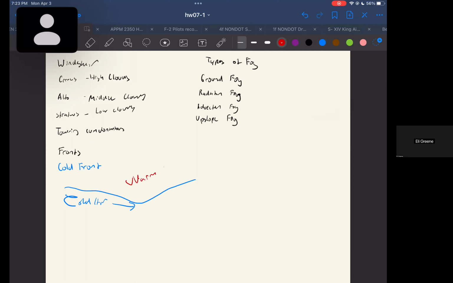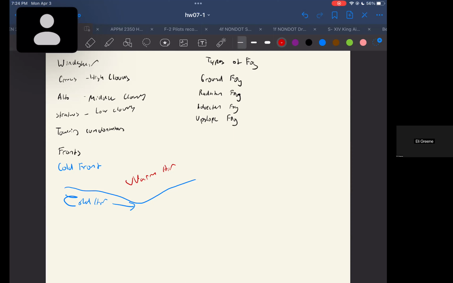This is a very terrible drawing, but the main thing to understand is that because it's pushing that warm air up, that warm air will lead to a storm. So you'll end up getting precipitation normally in a cold front because of that.